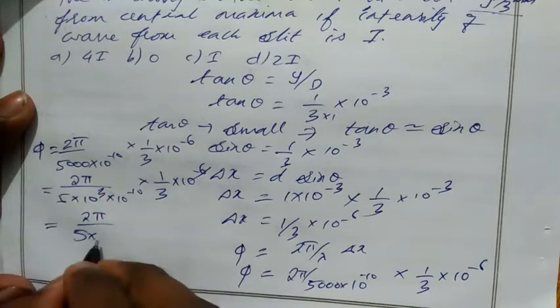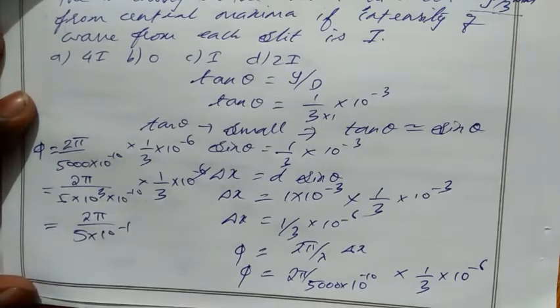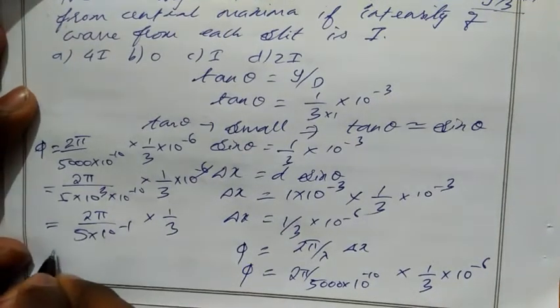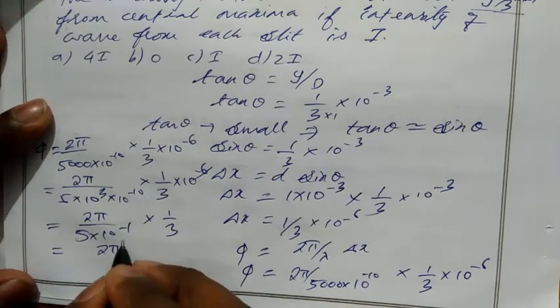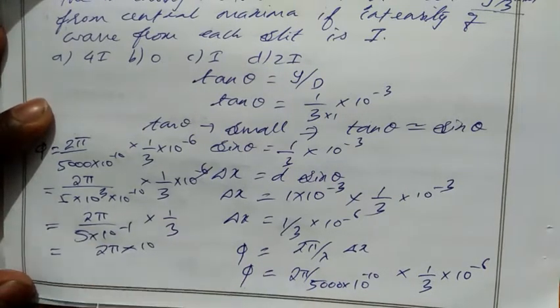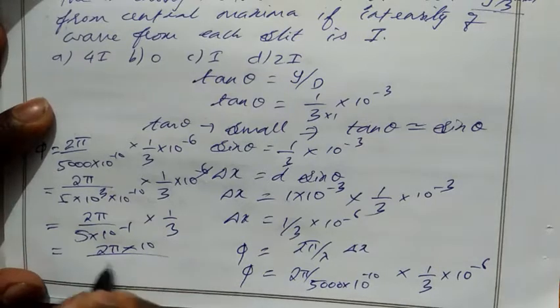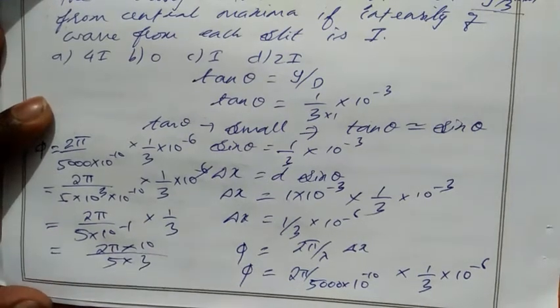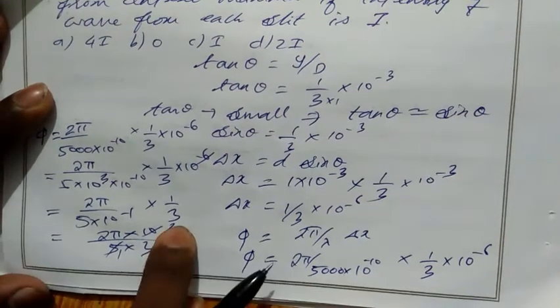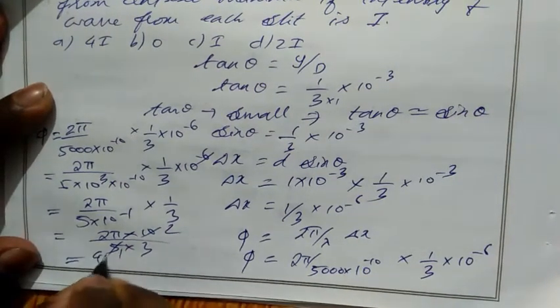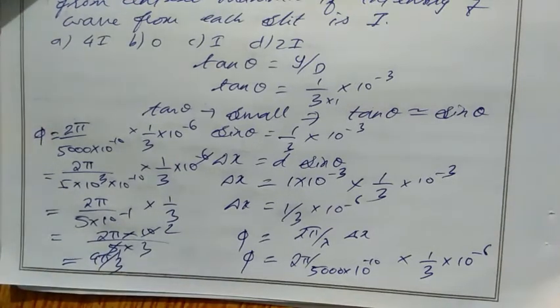Then we have balance 10 power minus 1 into 1 by 3. Further we can write it as 2 pi, this 10 power minus 1 goes up to the numerator, it will become 10 power plus 1, divided by 5 into 3. Then 2 5s are 10, we have 2 into 2 pi, 4 pi, so 4 pi by 3. So the phi value is 4 pi by 3.